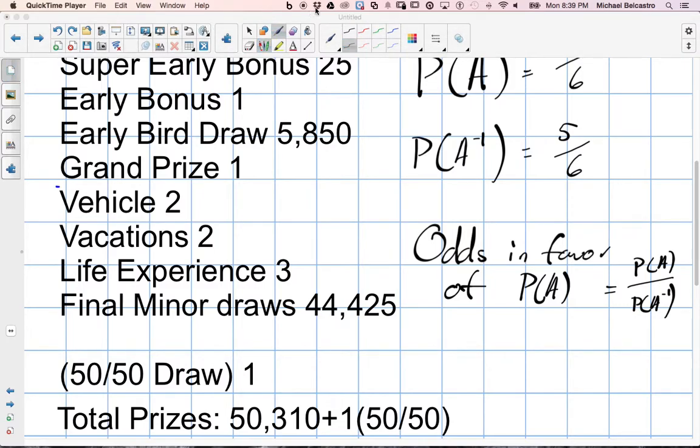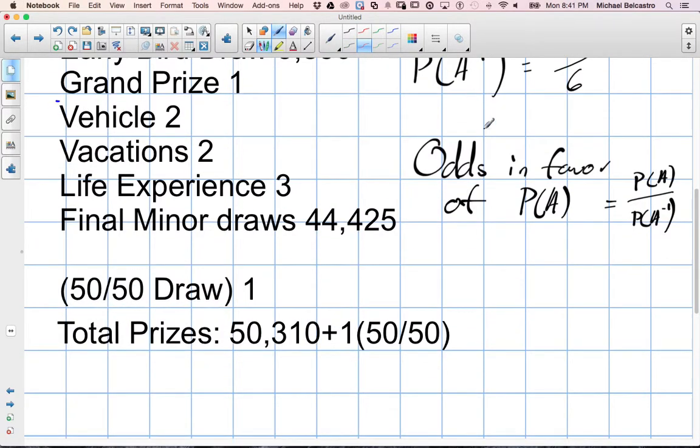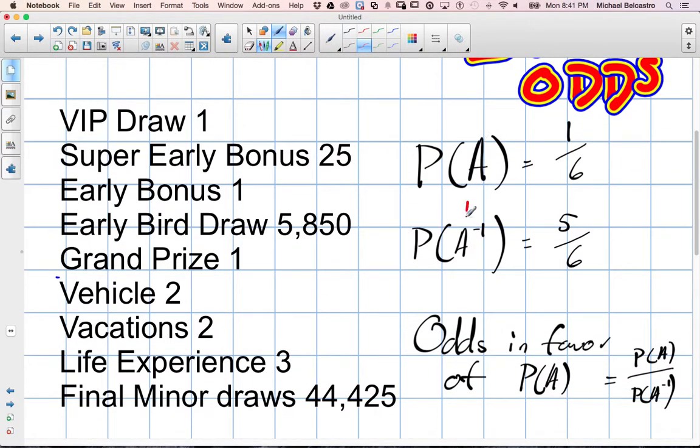And just a side note, always remember that the probability of event A plus the probability of event A not happening always equals 100%. So 1 over 6 plus 5 over 6 becomes 6 over 6, which is 100%. So we know we're okay with the way we've made our odds.